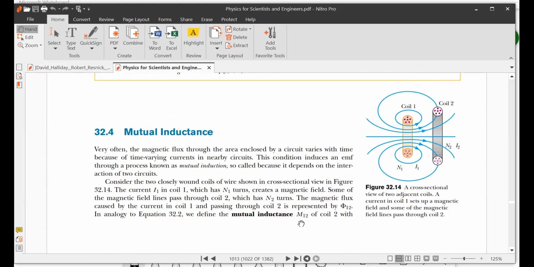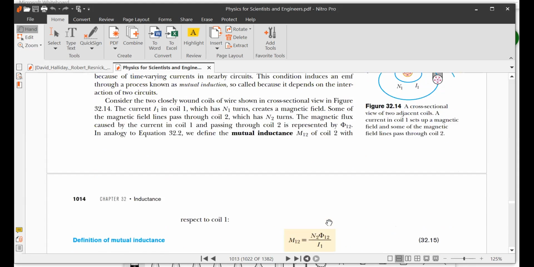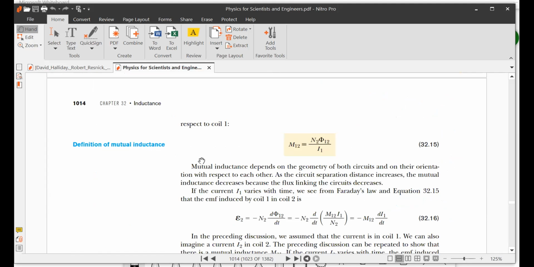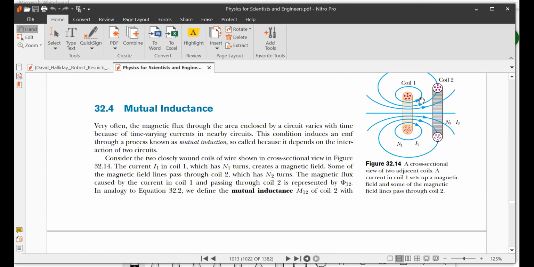Jadi M12 itu adalah induksi bersama pada coil kedua akibat coil pertama. Gitu. Jadi M12 itu sama dengan N2 V12 per I1.